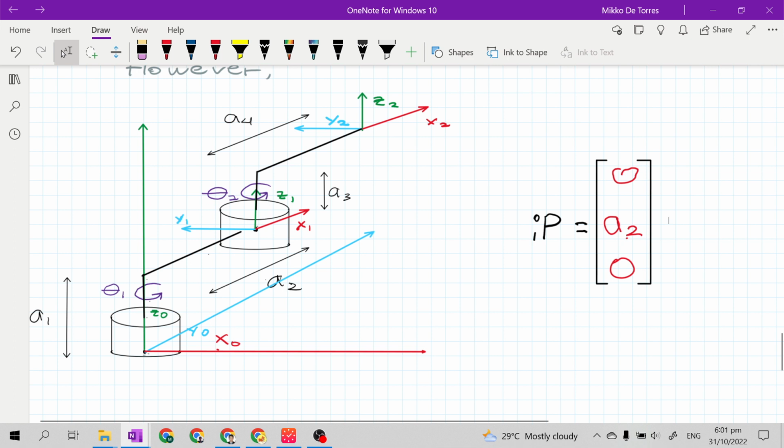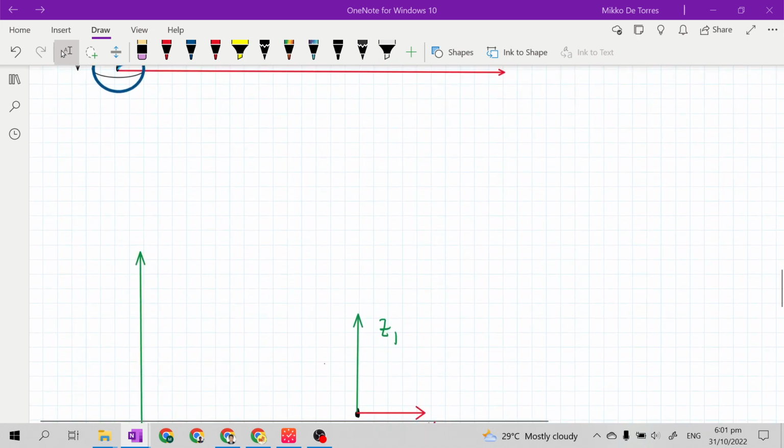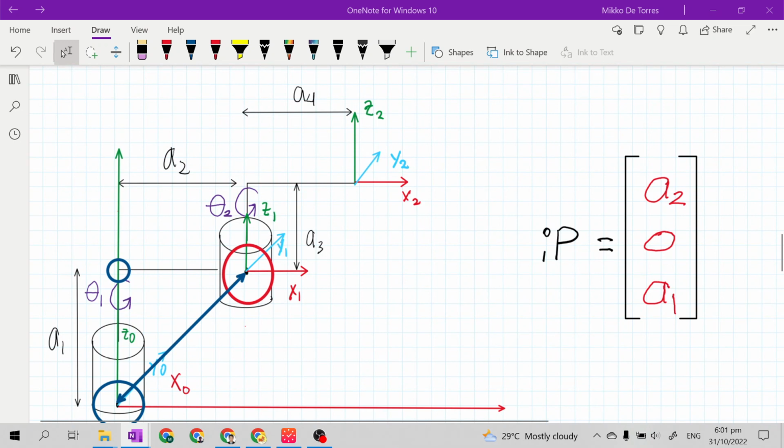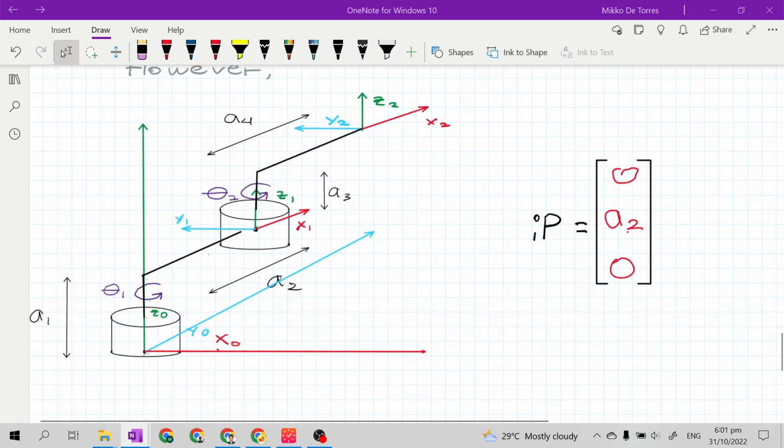So again, this is wrong. Why is this wrong? Because we should have only one position vector. Now we created two position vectors. We derived two position vectors: one if the mechanical manipulator is not moving, and if it moves, we have a new position vector.